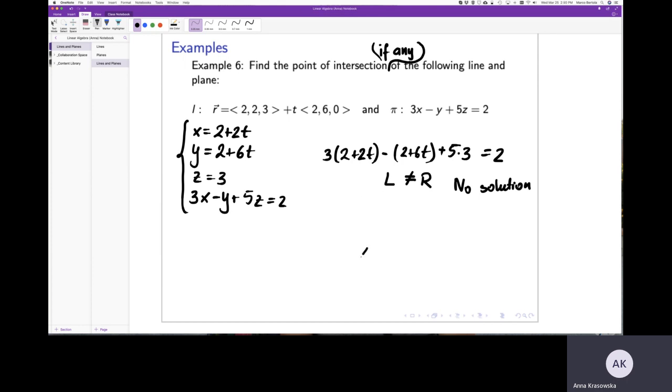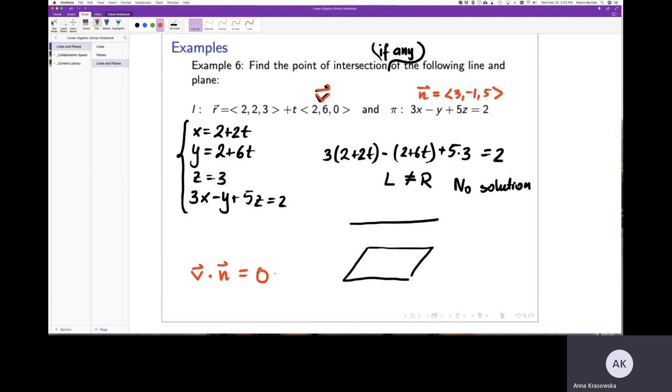And if this is the case when the plane and the line do not intersect, we could have seen it already here. If this is a vector v, and n is 3, minus 1, 5. If you check v dot n, you multiply, it is 6 minus 6 plus 0, it's 0.